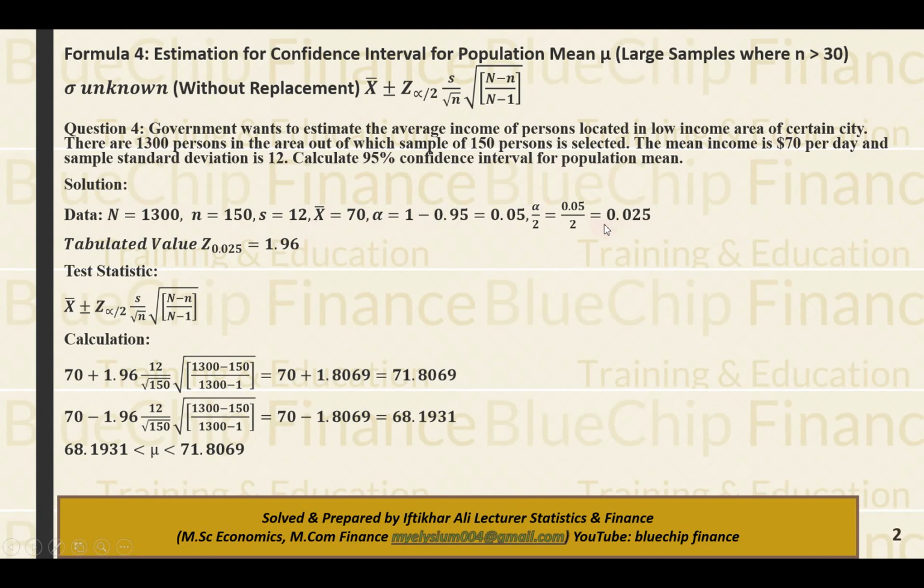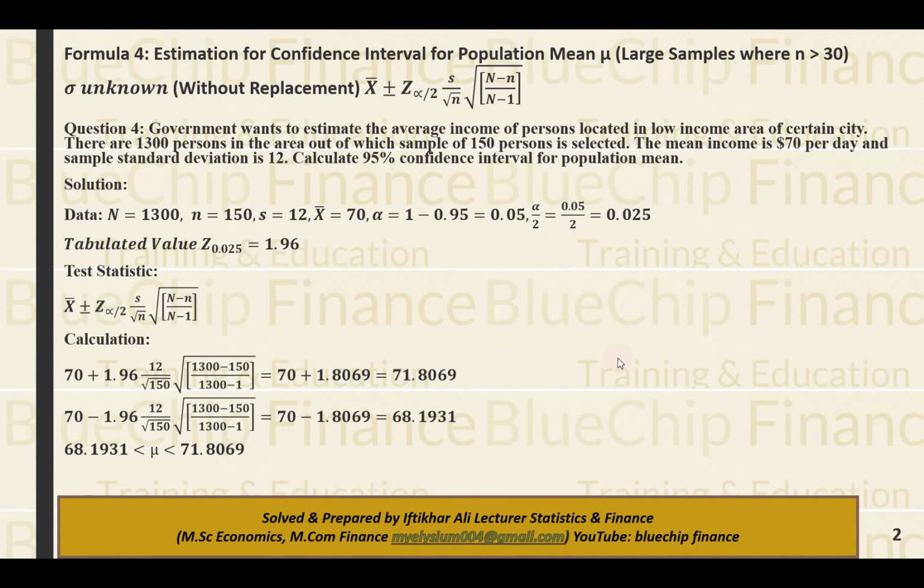First of all we will calculate 1 minus 0.025, which is equal to 0.975.